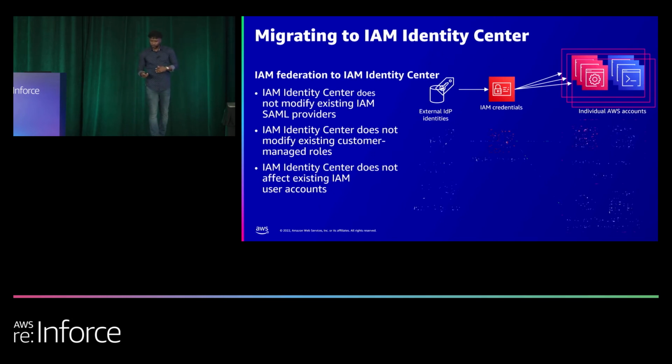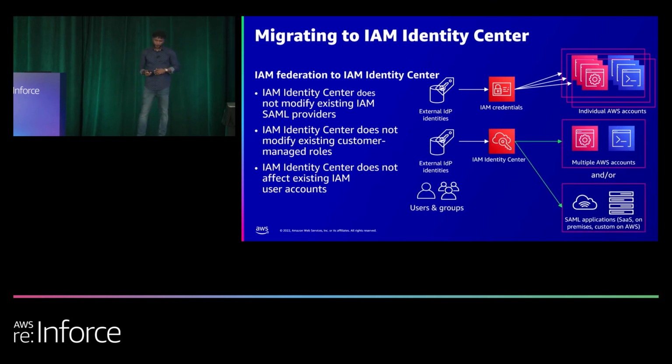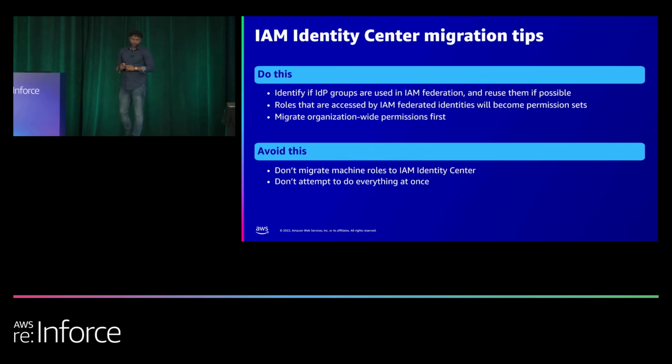Okay, so, tips when you are going to migrate from IAM Federation to IAM Identity Center. You want to identify if IDP groups are being used in IAM Federation, and if they are, you can reuse these groups when moving to IAM Identity Center integrated with an external IDP.